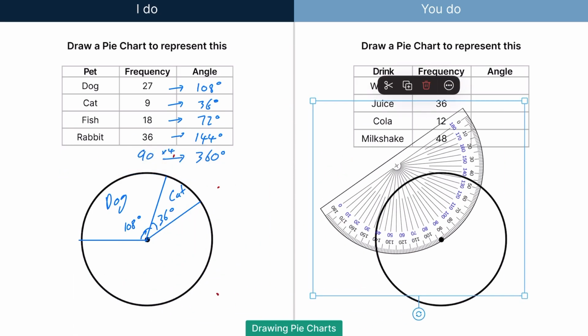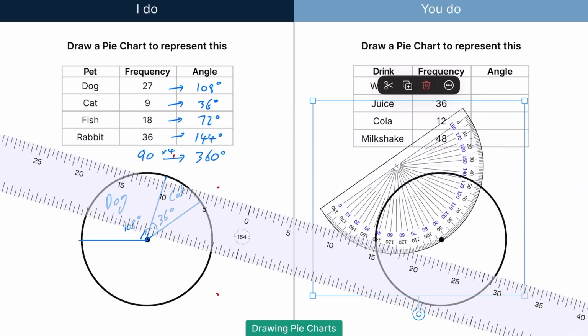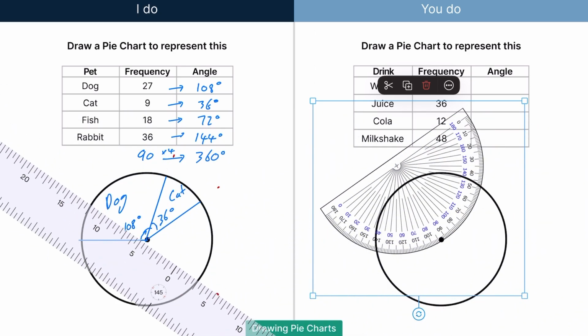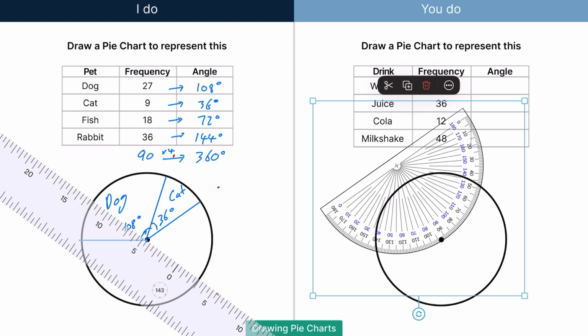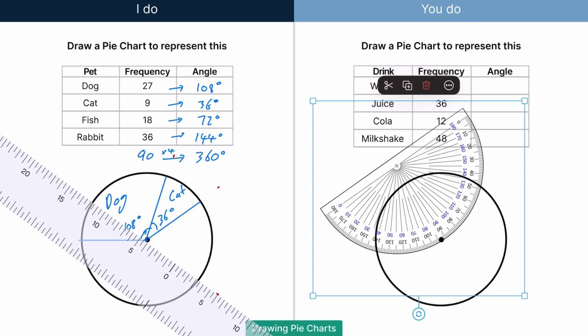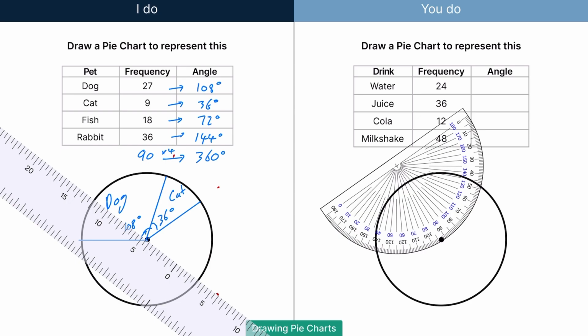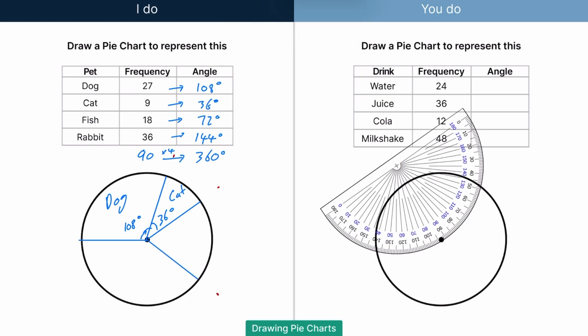And if I get rid of that again, so bring my ruler back in, and from the center, it's a little bit tricky on the iPad, but we want to be as accurate as we can. So there we go. And that is, oh, wrong color. That is that there. And if I just get rid of the ruler, now the last one has been done for us. So this is fish, which is 72 degrees.